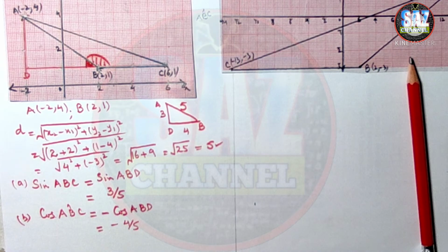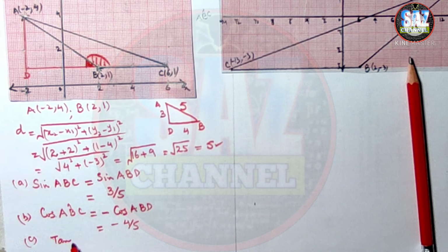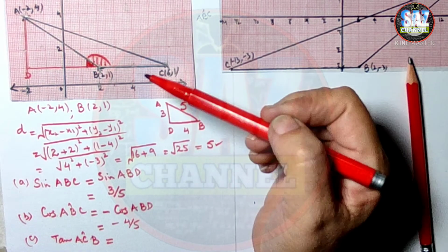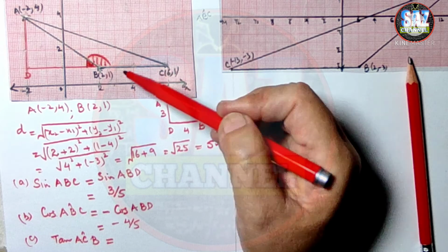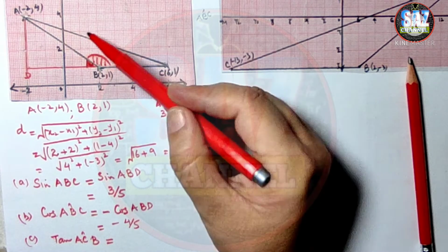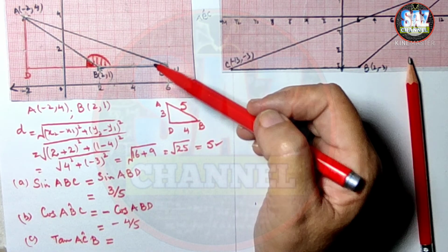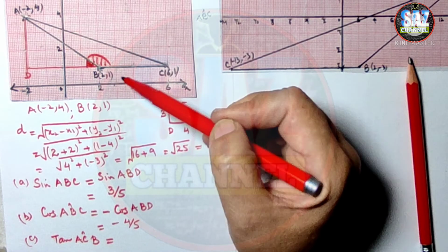And the last requirement of the question is part C, tangent ACB. Now look at the diagram carefully, students. Tangent ACB will be equal to tangent of ACD, and the definition of tangent is opposite upon adjacent.